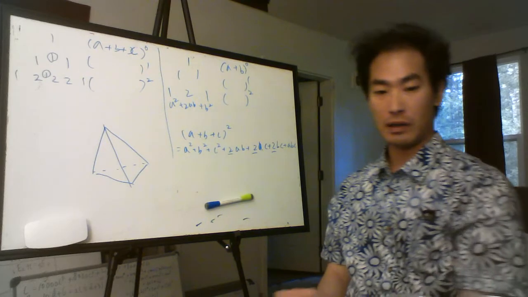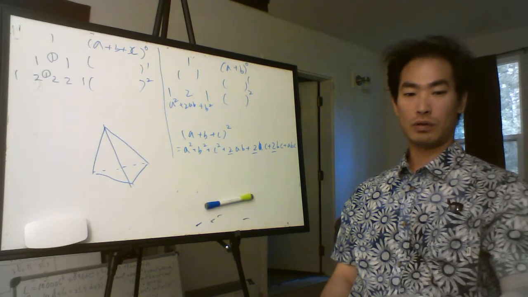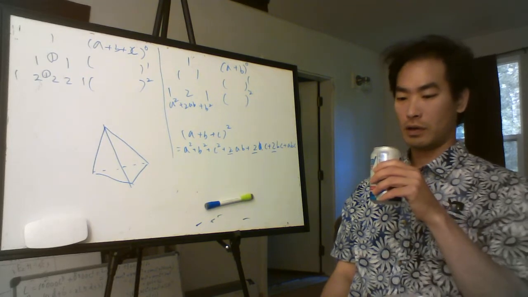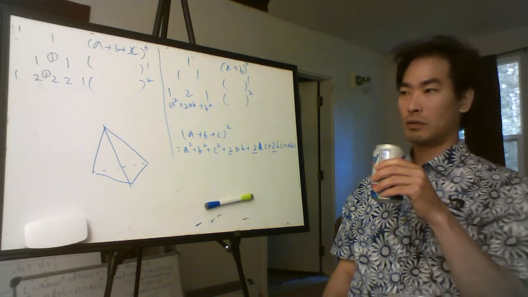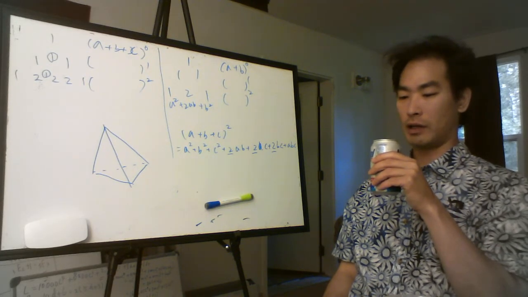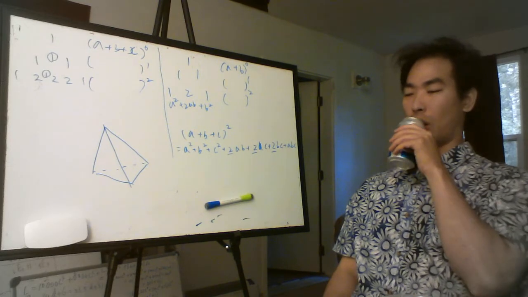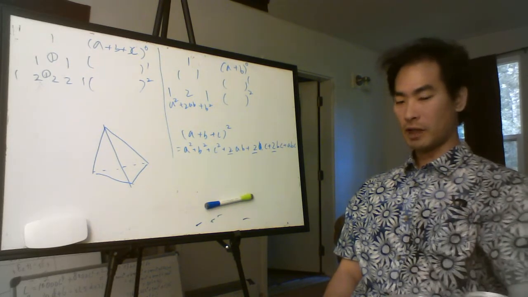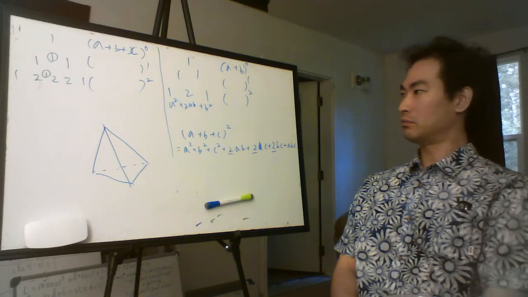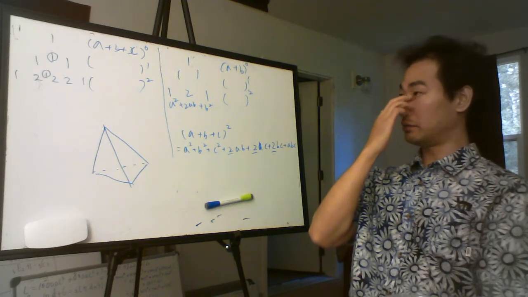Possibly it's as difficult as Galois group theory, his proof that fifth-degree and higher equations don't have any algebraic solution. It may be as difficult as that, but so what? We'll take a shot at it. All right.